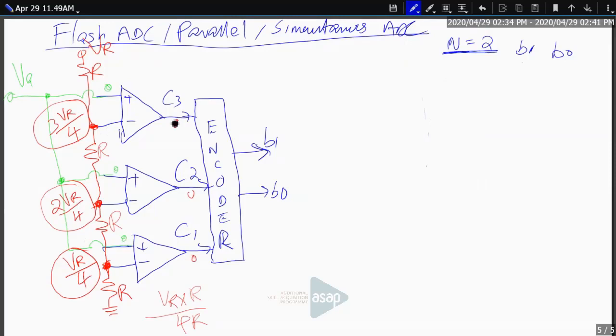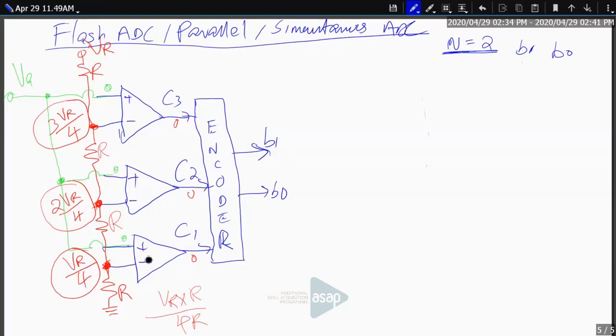When we think about comparator 2, the voltage at the inverting terminal of comparator 2 is nothing other than the voltage of this pin with respect to ground. That means the total voltage across R1 and R2, these two R's taken together. So it is 2R divided by 4R. Therefore, the voltage at this terminal naturally will be 2 times VR divided by 4.